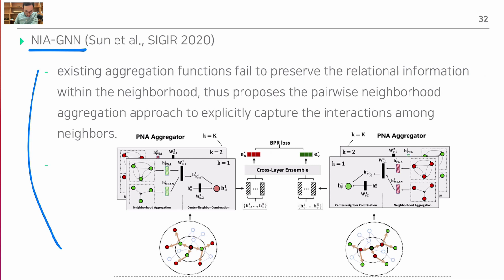So this considers different types of neighborhoods. The first one is from the direct neighbor, and this one is considering the interactions among neighbors. Because of the sampling, we have this partial observation.